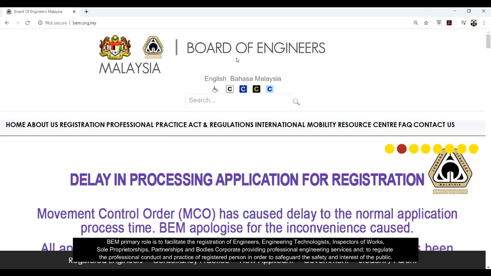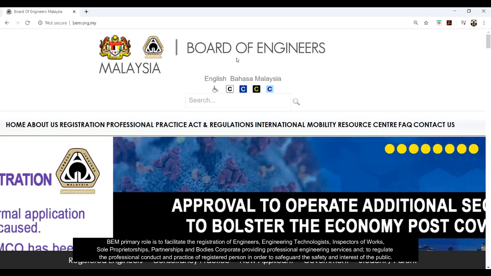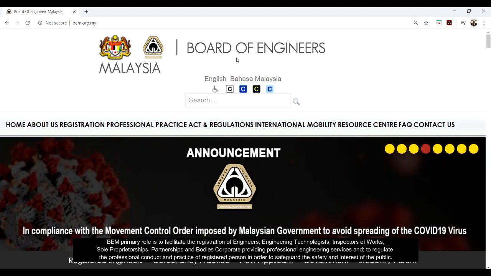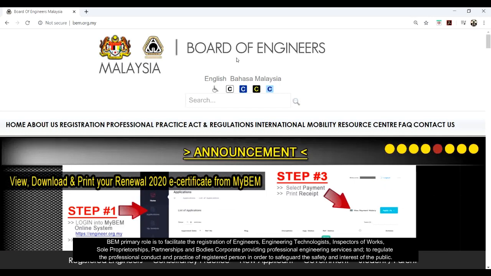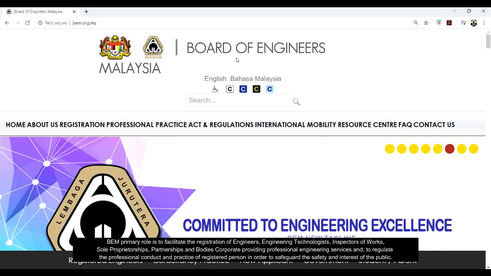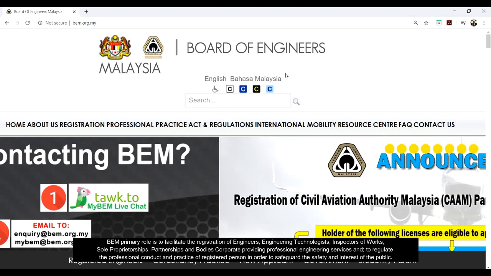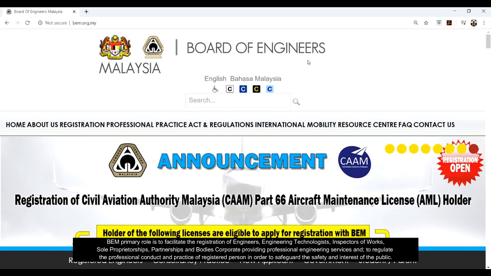BEM's primary role is to facilitate the registration of engineers, engineering technologists, inspectors of works, sole proprietorships, partnerships, and body corporates providing professional engineering services, and to regulate the professional conduct and practice of registered persons in order to safeguard the safety and interests of the public.